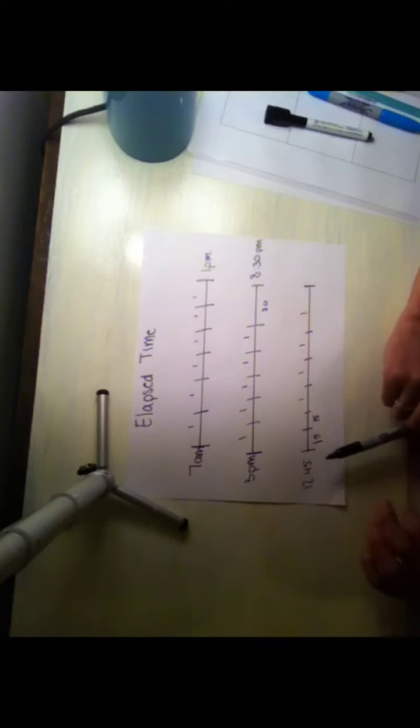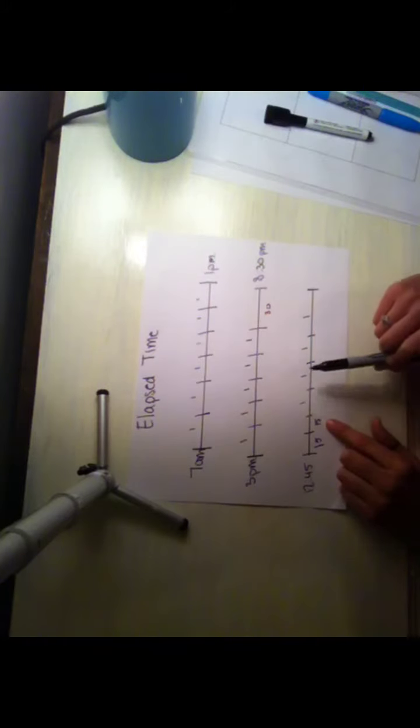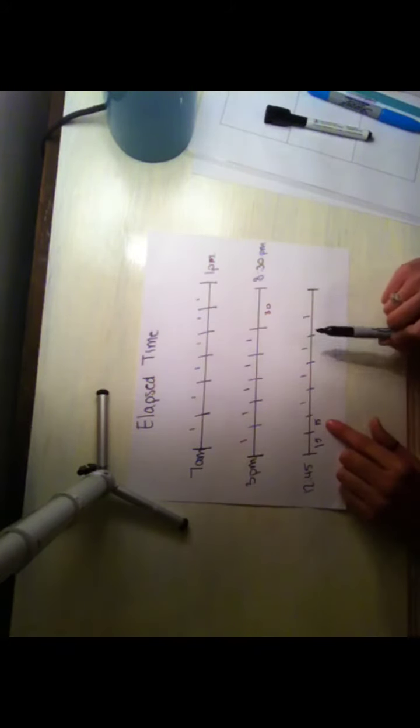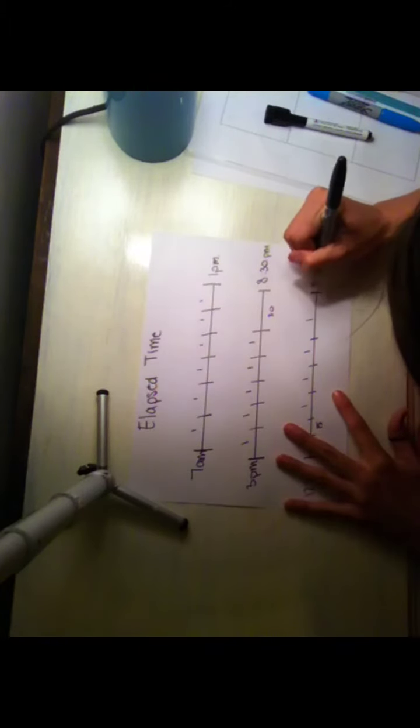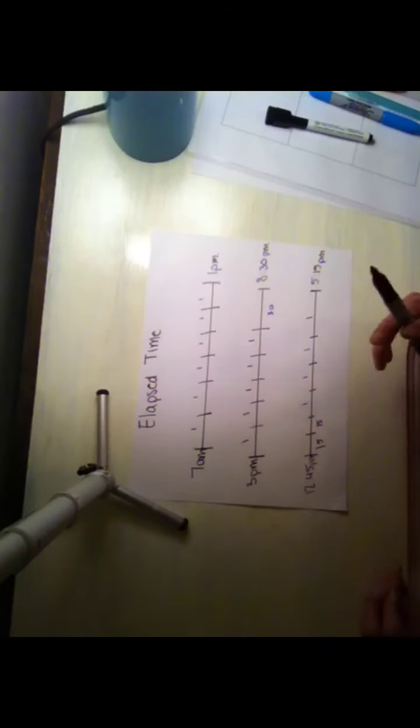So 12:45, so this would be 1, 1:15, 2:15, 3:15, 4:15, and 5:15. So it is going to be 5:15. Let's make these p.m., because this is 4.5 hours from 12:45.